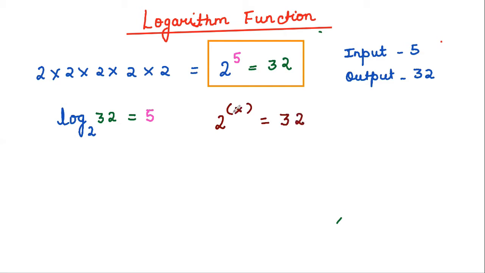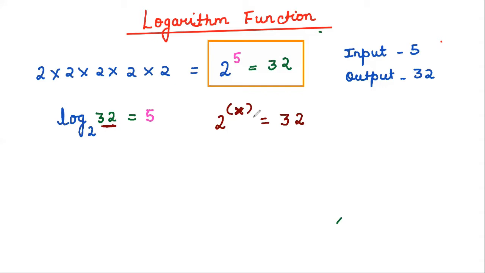Meaning, if it is x, what should be the value of x so that you get 32? And you know 2 raised to power 5 is going to give you 32. So this is how we write an exponent or exponential function with the help of log.